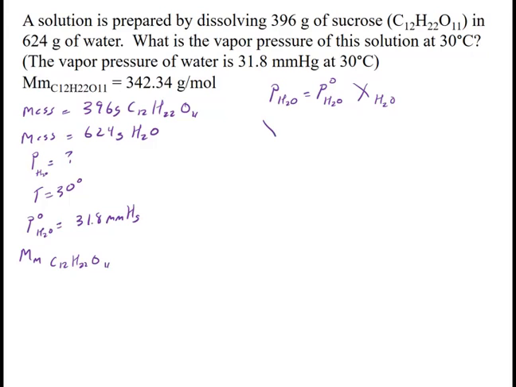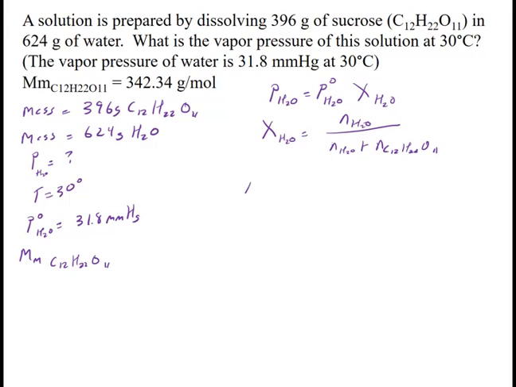Okay, and if we go back, mole fraction of water is going to be my moles, we go by symbols, N of water over N of water plus N of the C12H22O11. So I have to find the moles of water and the moles of the sucrose.